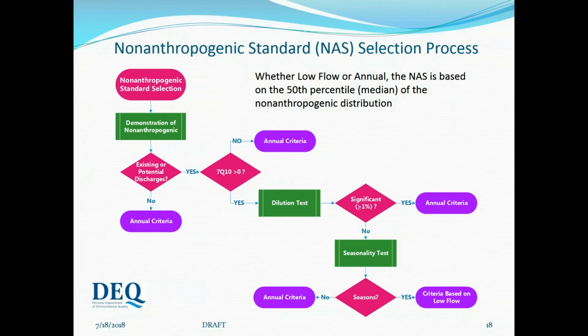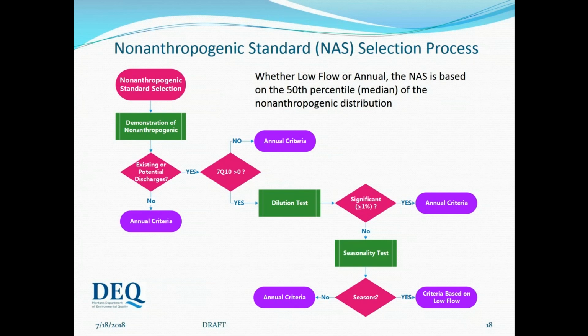So if the flow of the discharges is greater than 1% of the low flow condition of the Yellowstone River at that point, it's considered significant. And if that's the case, then we default to the more conservative annual criteria. However, if it's not significant, it's not a large volume of flow, we can move on to the seasonality test.